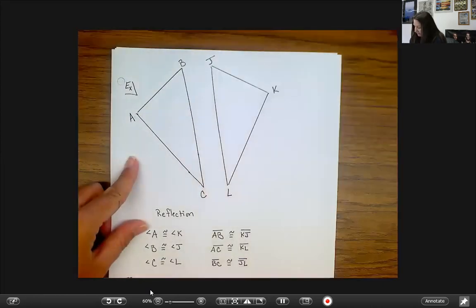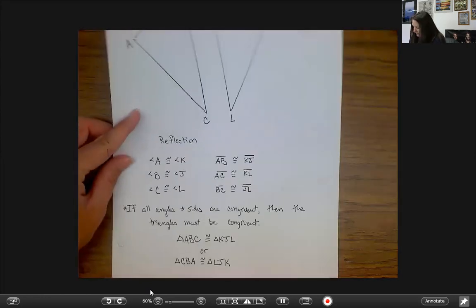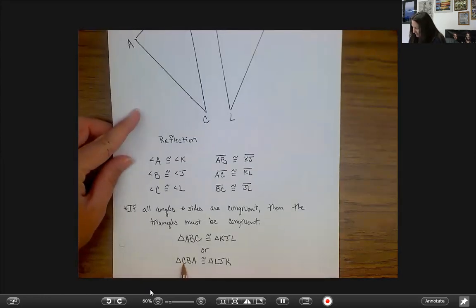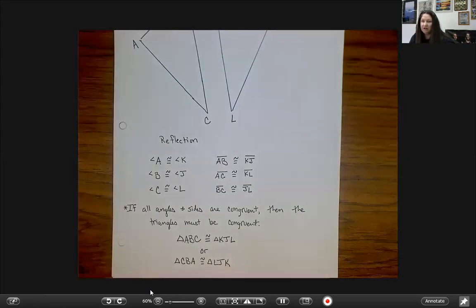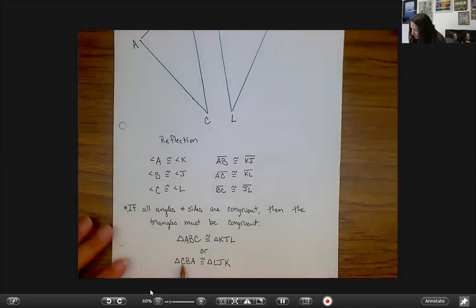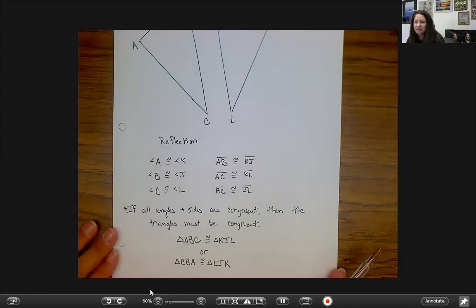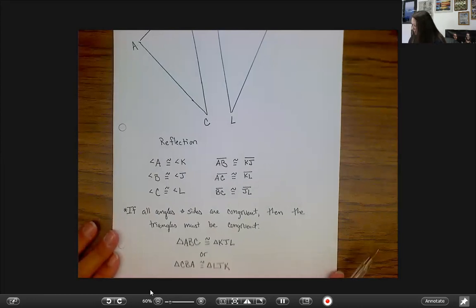Well, if I went C to B to A, then angle C aligns with L, so I have to start that one with L. Angle B starts with J, and angle A corresponds with K. Those all line up with each other. So just be careful with what corresponds when you set up your construction.